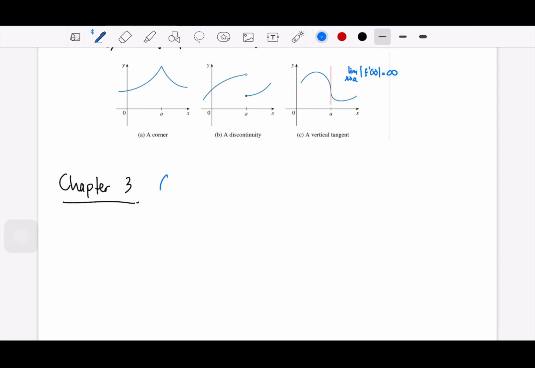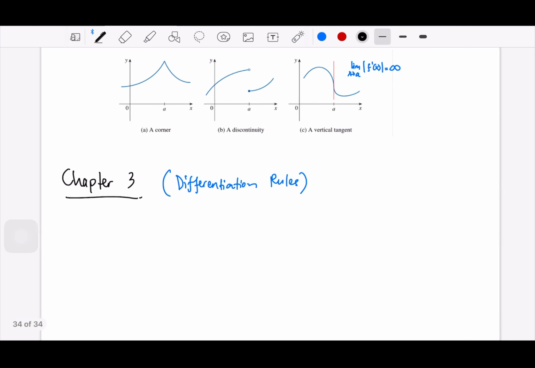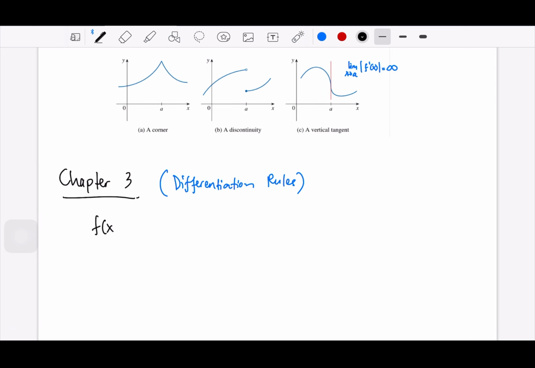We say this is differentiation rules. To begin, we can start with a function that is a constant. So let C be a constant.